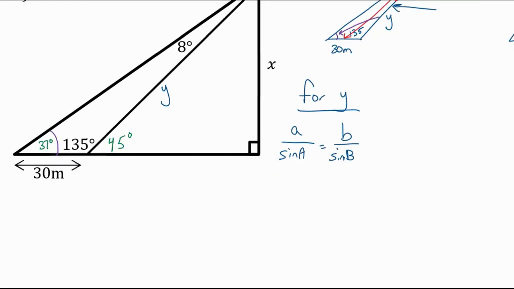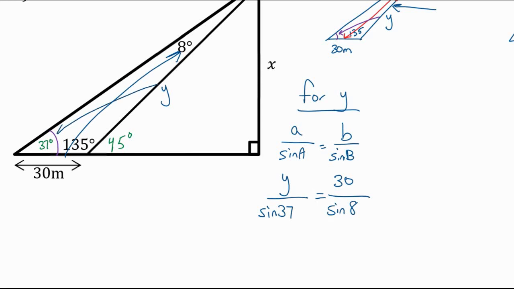One of my side lengths is y. The angle across from it is 37. The other side length is 30. Whoops, not 37, sine of 37, because it's an angle, over sine of the angle across from that, which is 8. Okay, so again, the 30 is across from the 8, and the y is across from the 37.